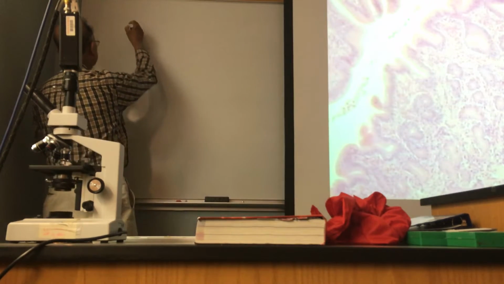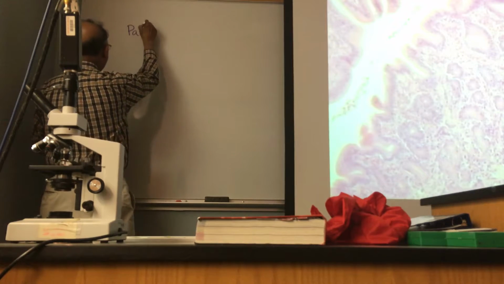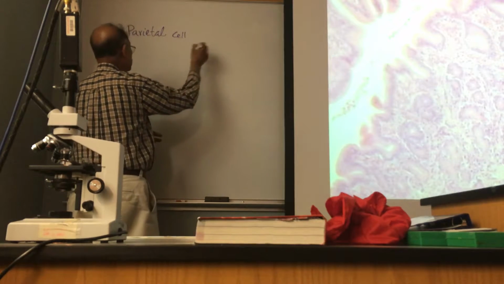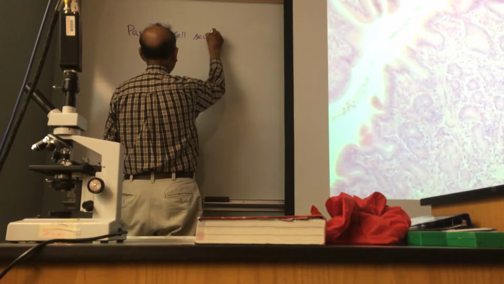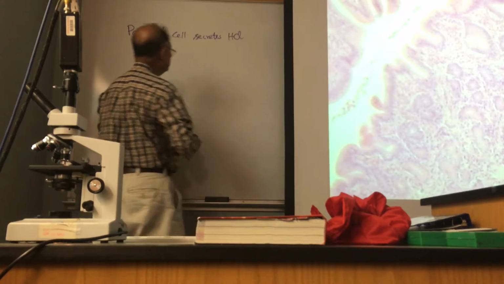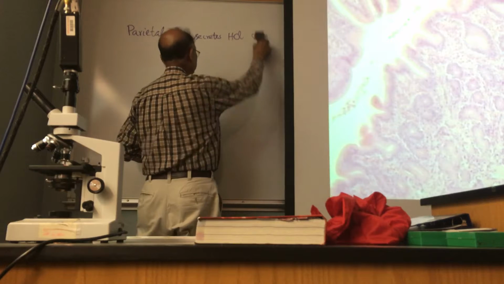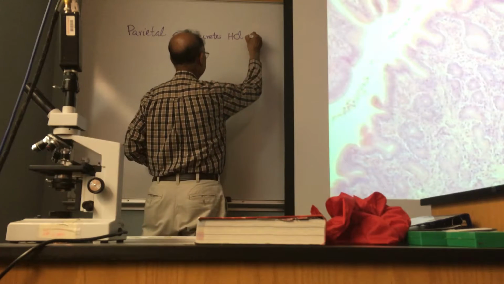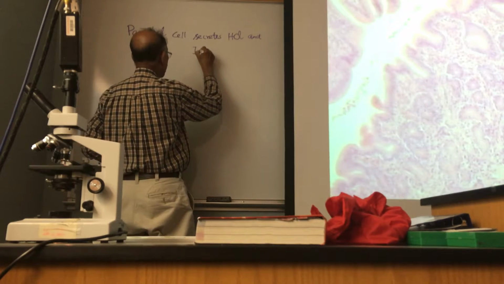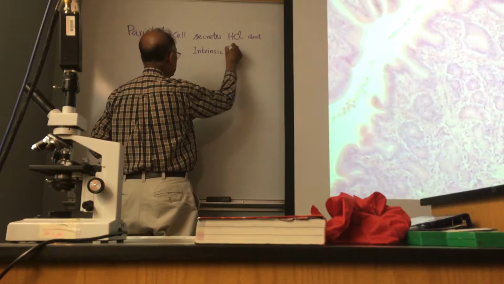One of the cells that you need to identify is a parietal cell. It secretes hydrochloric acid and another substance called intrinsic factor.